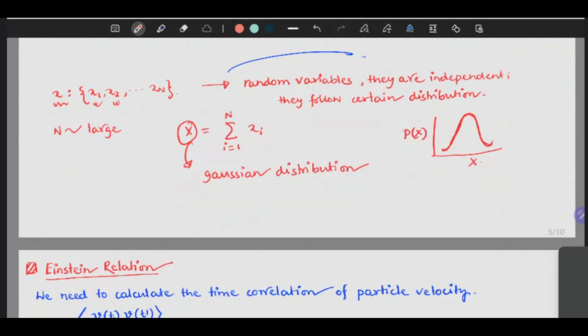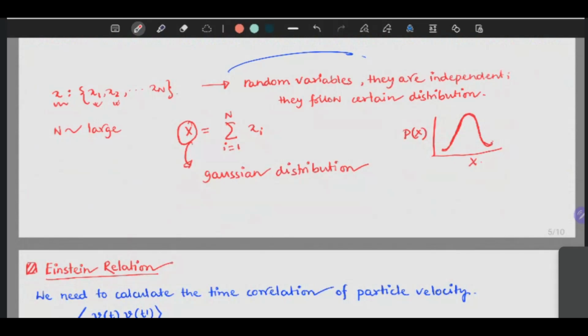Now if you take the average of v(t), then only this term survives, because the average of fr(t1) is 0, and that is also for fr(t2), same thing, right?